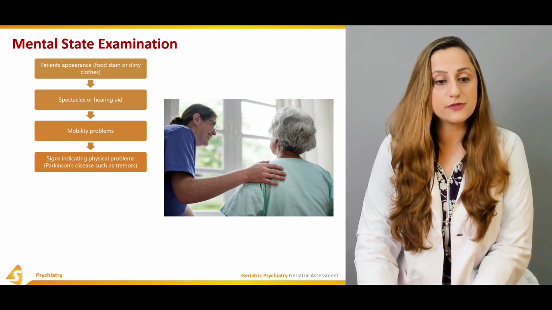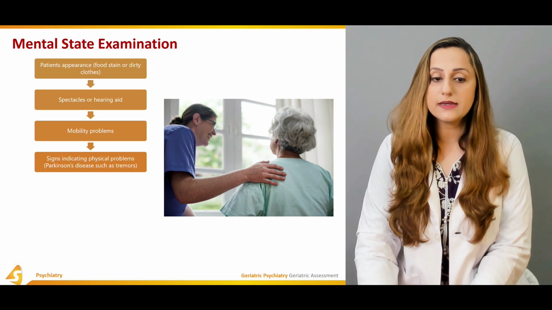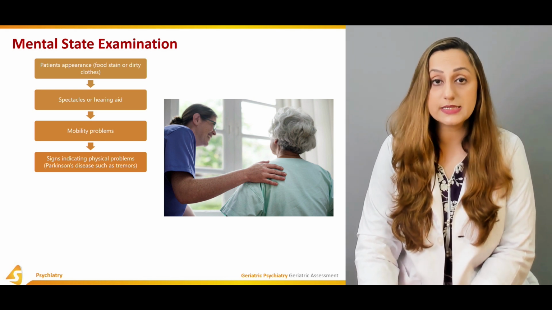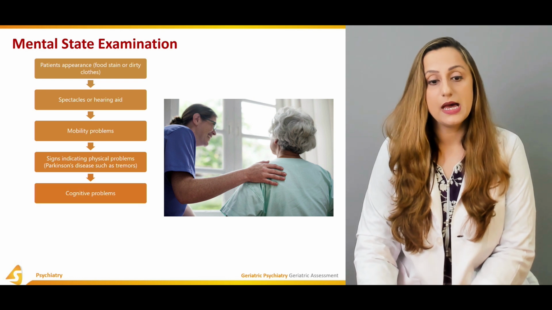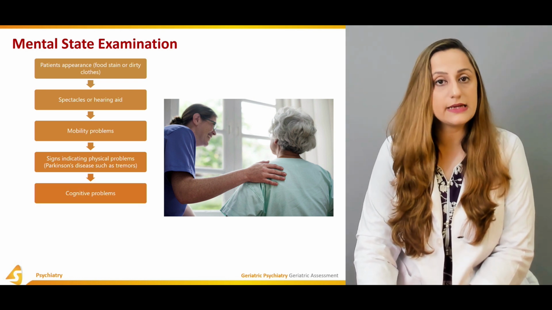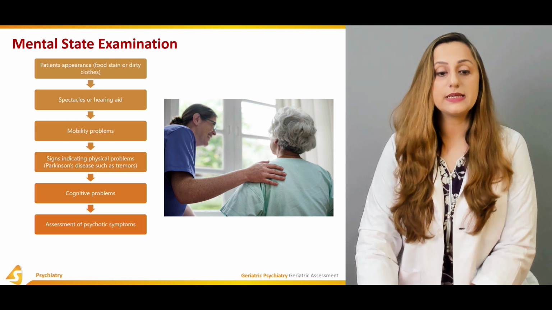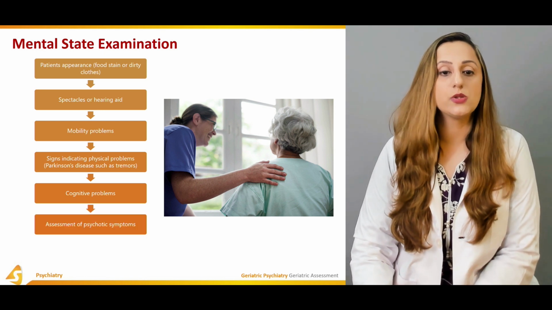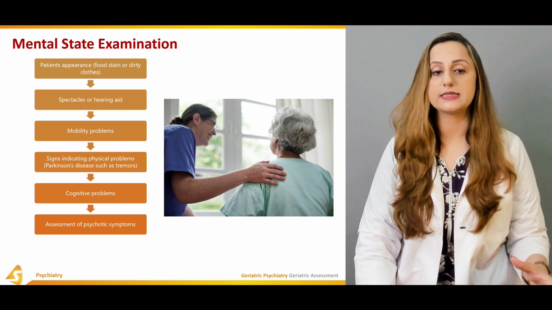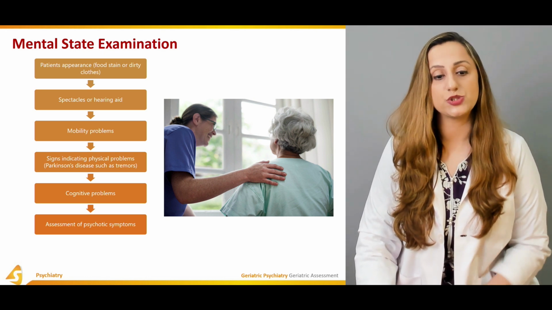Signs indicating physical problems, for example, tremors, can point towards Parkinson's disease. Cognitive problems, thinking, thought form and thought content have to be documented as well. Then we have the assessment of psychotic symptoms alongside the mental state examination in these individuals.